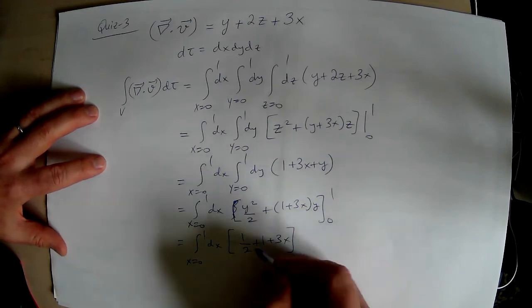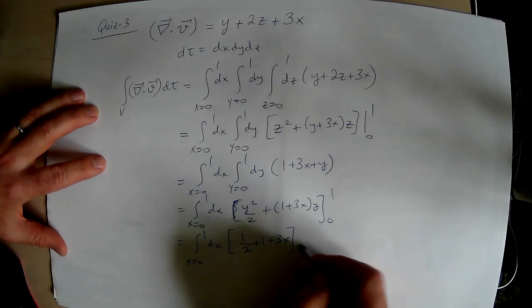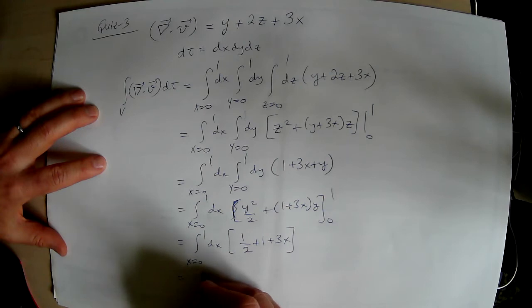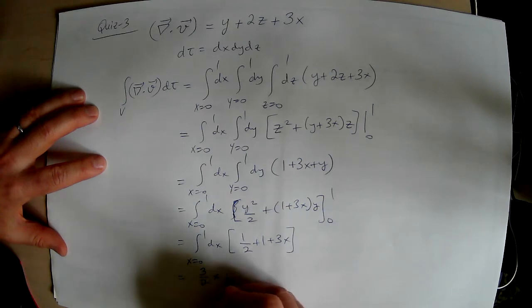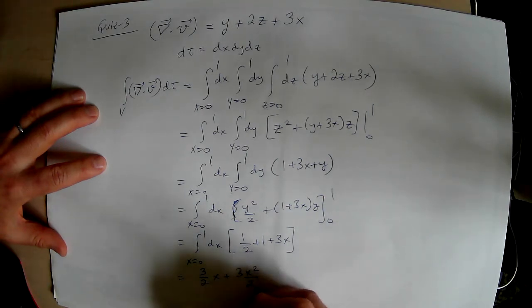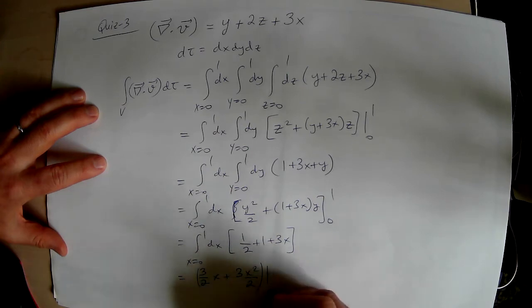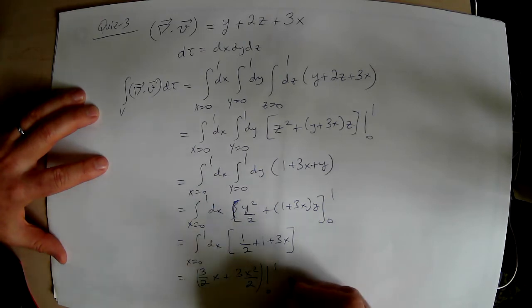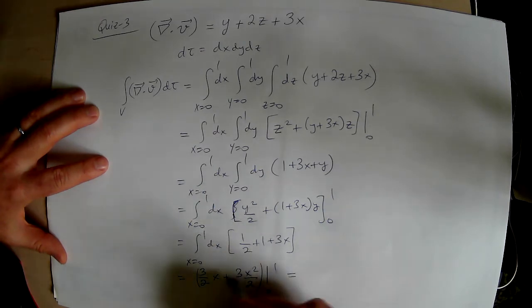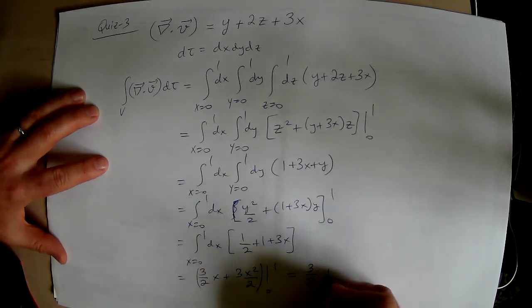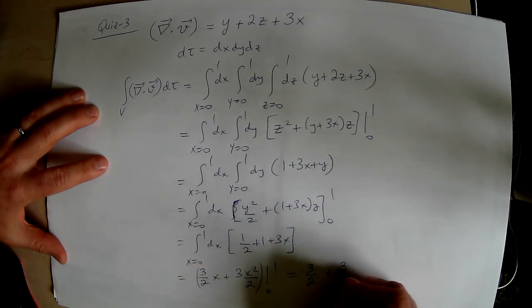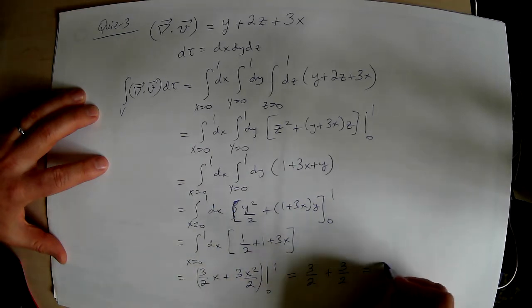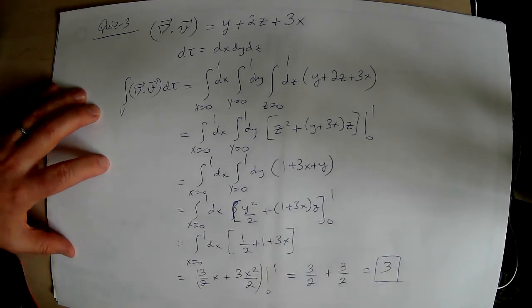All right, so 3/2 plus 3x. Let's do that integral. 3/2 x plus 3x squared over 2, evaluated at 0 and 1. So it's going to give me 3/2 plus 3/2, which is 3. That's the volume integral.